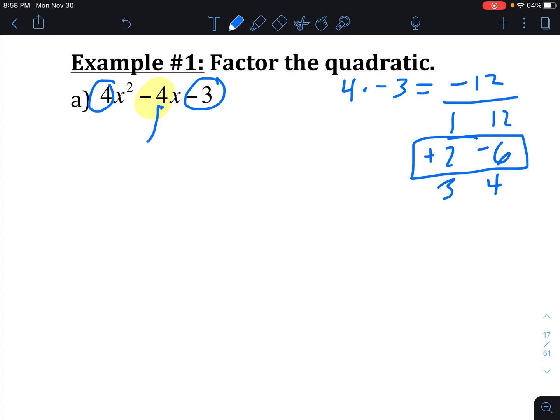So what's actually happening in this A times C method is your B term is being split up into two other terms. It will be split up into plus 2x and minus 6x, the two terms that you just found by multiplying A times C and then factoring. So we're going to bring these other two terms down.